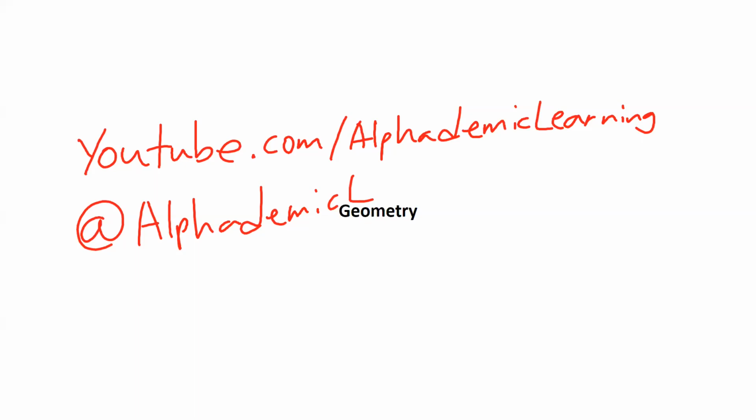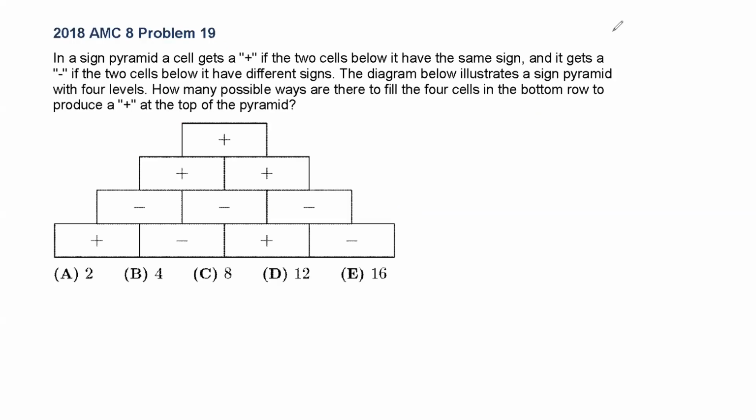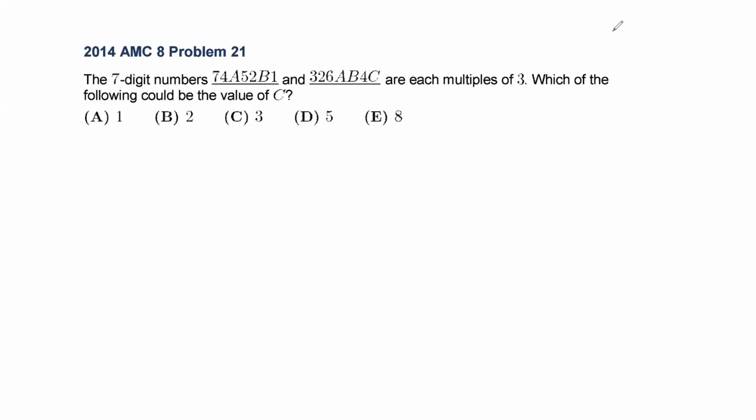Okay, so A plus B equals 2 mod 3. The reason it works is because, let me just go back there, hang on. So the reason it works is because if you sum all the digits in the first number, you'll get that 7 plus 4 plus A plus 5 plus 2 plus B plus 1 is a multiple of 3.